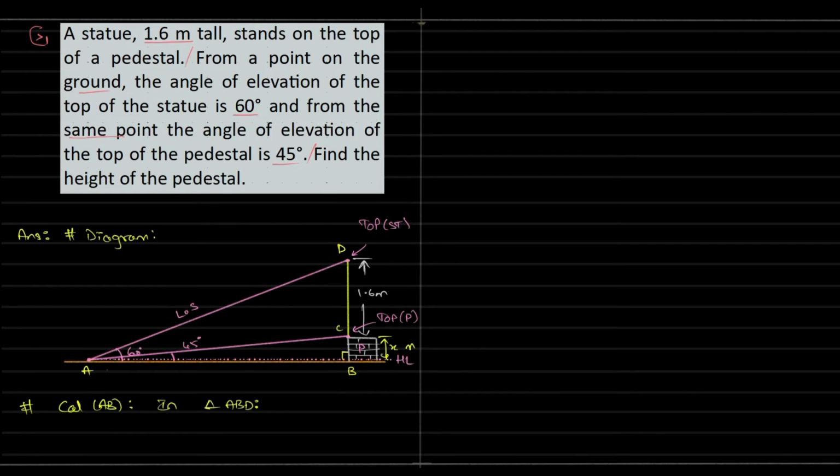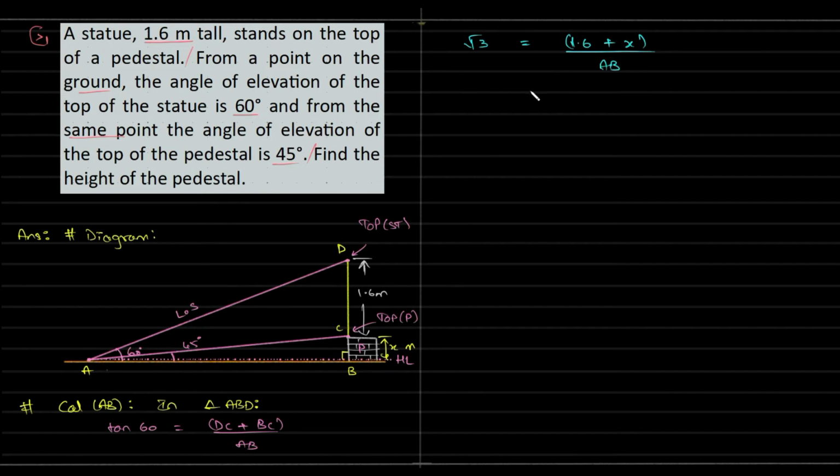So we have tan 60 is opposite, opposite is DC plus BC, by adjacent AB, right? So we have tan 60 is root of 3, and DC is 1.6 and BC is X, divided by AB is AB itself.